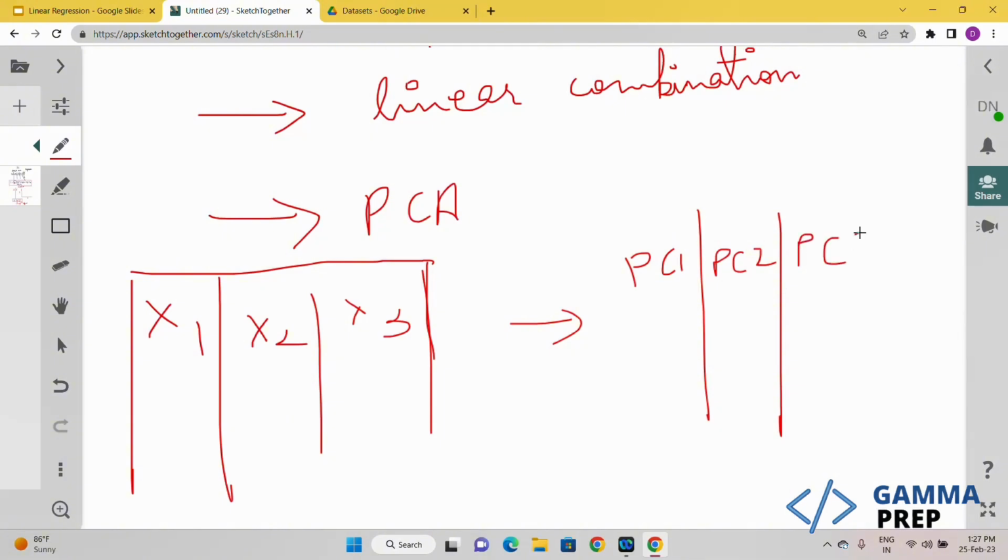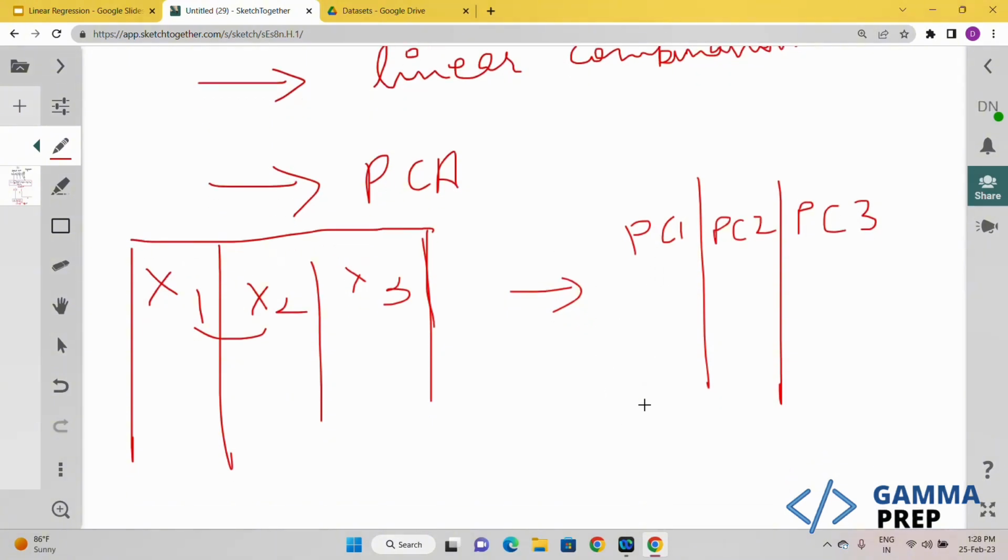We'll discuss principal component analysis in detail in one of the last lectures, but I'll explain in brief. We have already touched on it once. We convert these three features into three new features, and the highly correlated variables align in one of the principal components.